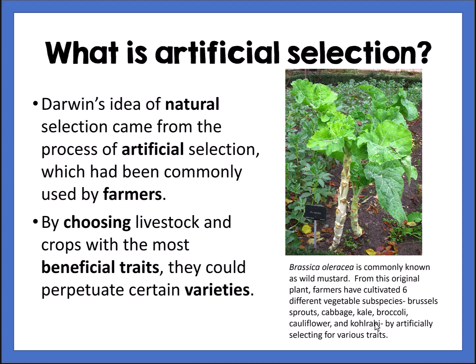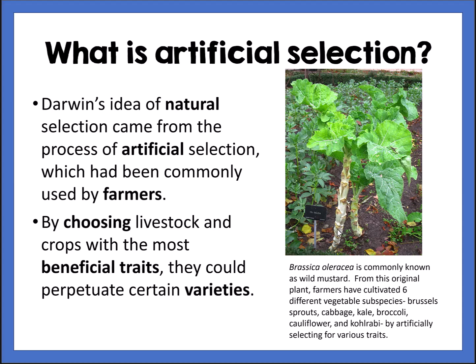Brassica oleracea is commonly known as wild mustard. From this original plant, right here, farmers have cultivated 6 different vegetable subspecies: Brussels sprouts, cabbage, kale, broccoli, cauliflower, and kohlrabi, by artificially selecting for various traits.